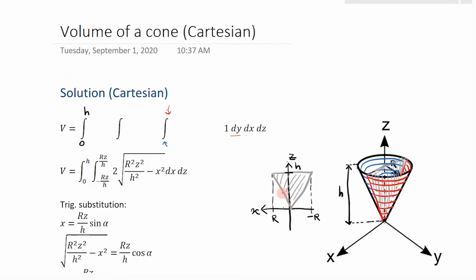And then for x, we need to describe this side and this side. Here we'll have x equals r over h times z. And this one is the same thing but negative, so x equals negative r over h z. So the bounds are negative rz over h to rz over h.